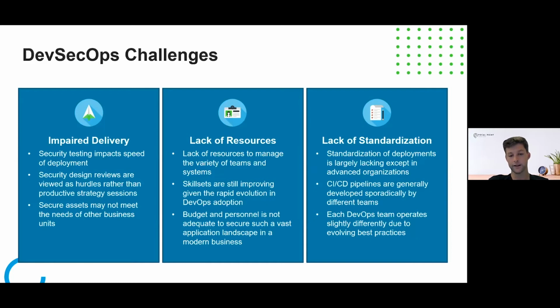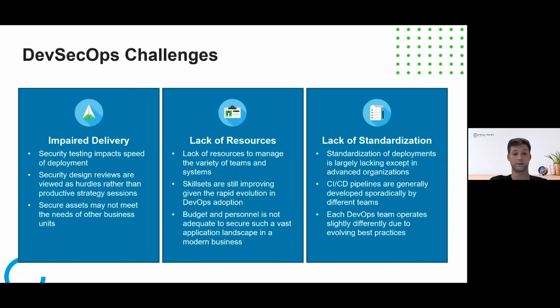And then finally, lack of standardization. We'll talk a little bit more about the idea of starting small and scaling. However, as we think about that scaling piece, it can be difficult for organizations to ensure that there's the same standard processes or technologies that are used across an organization and across a variety of different application teams. Oftentimes, each different development team might be programming in a different language.